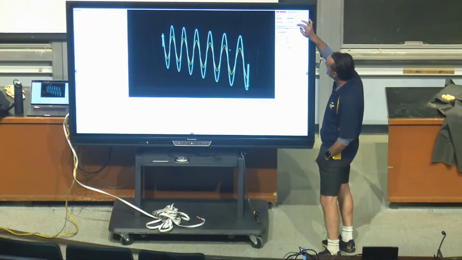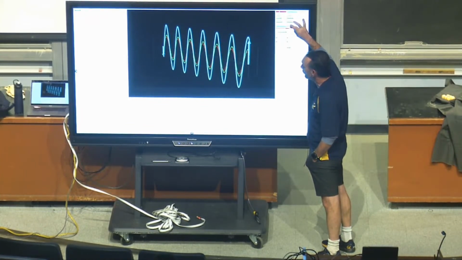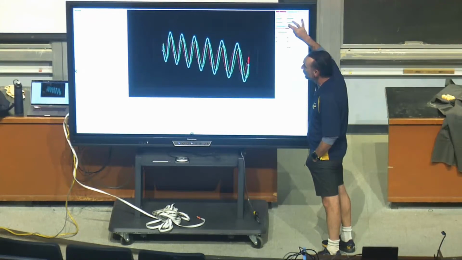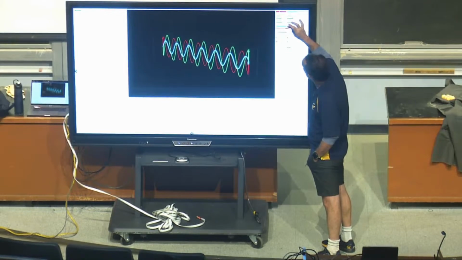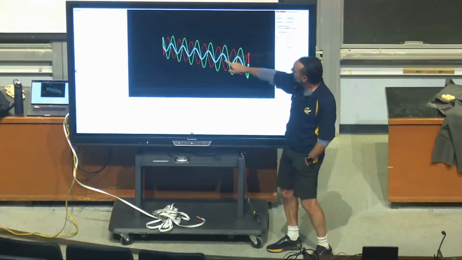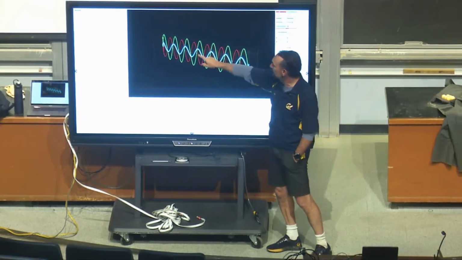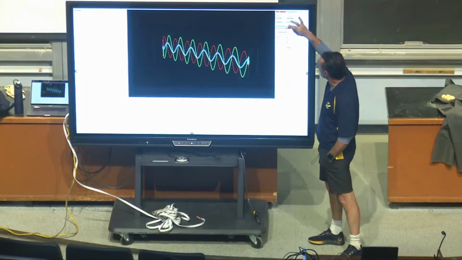But we also found we could add them destructively. It just depends on how the waves are aligned. So notice if I change the alignment, I can get destructive interference, and now the sum wave is smaller.